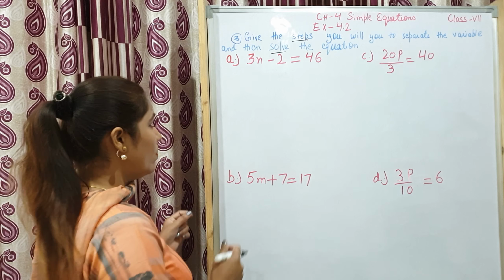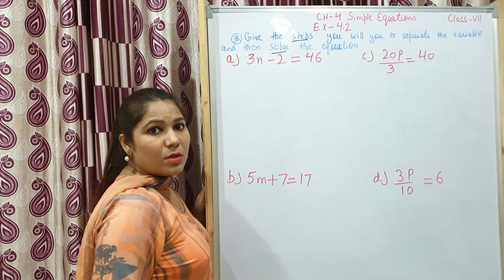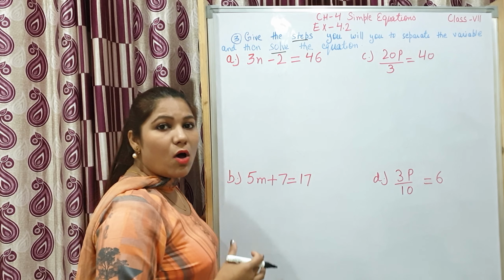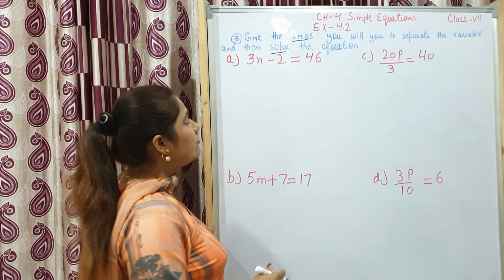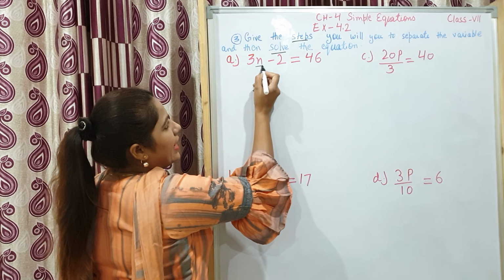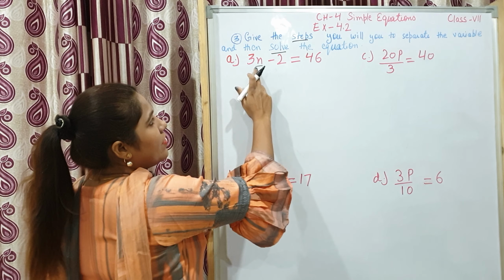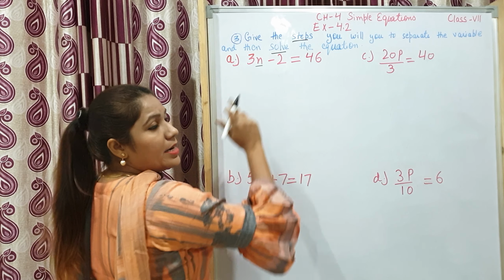Now see how. 3n minus 2 is equal to 46. To solve an equation, we have to eliminate the numbers which are present with the variable. Here the variable is n, and the numbers present with the variable are 3 and minus 2.